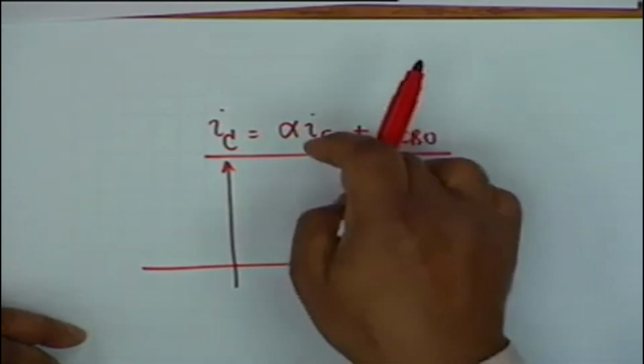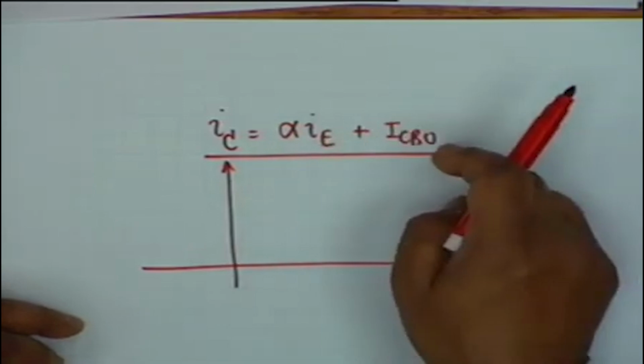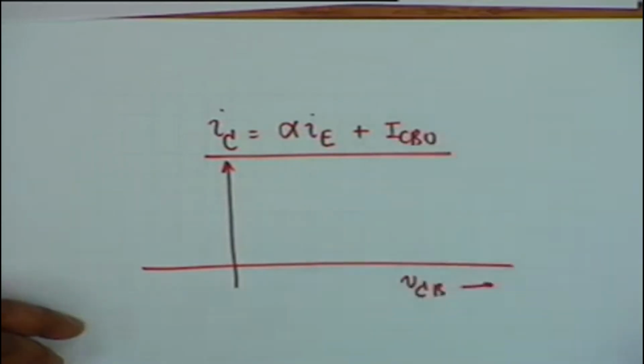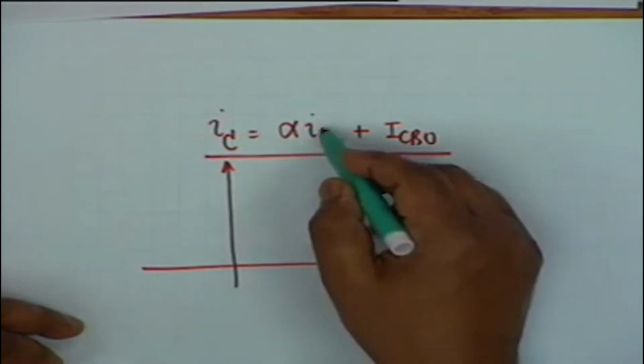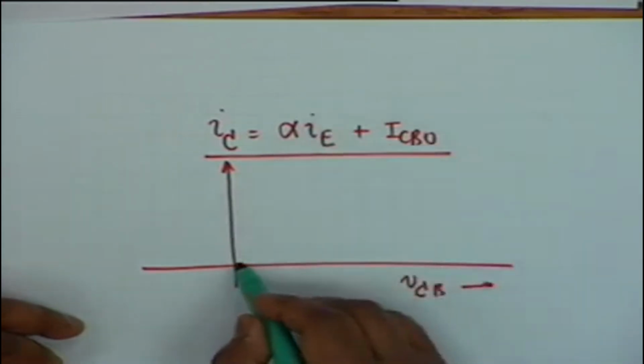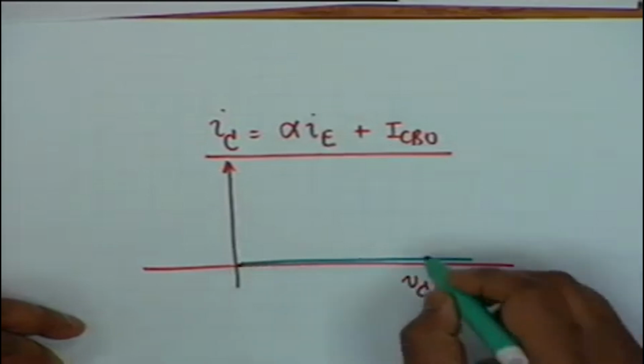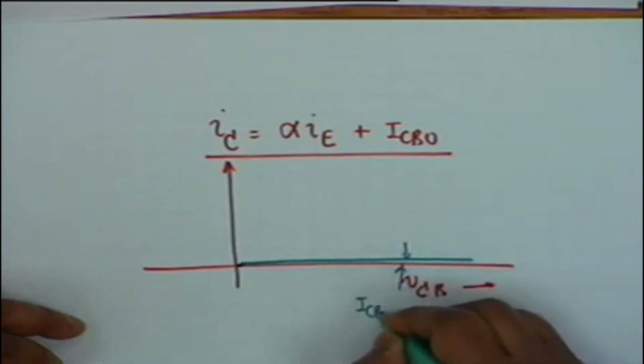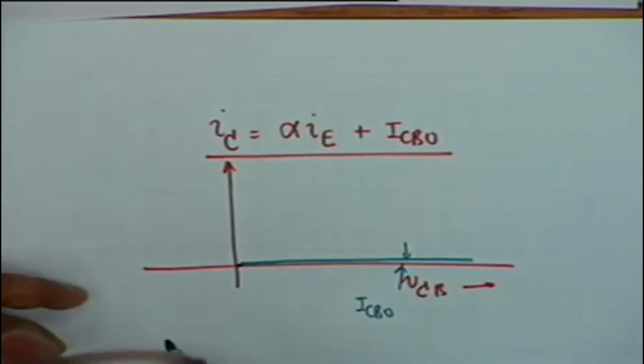It is only determined by the emitter current I_E and I sub CBO. When I_E is 0, a small current should flow like this, where this difference is I_CBO.